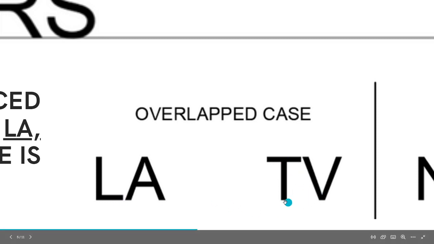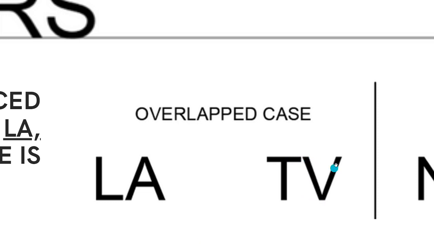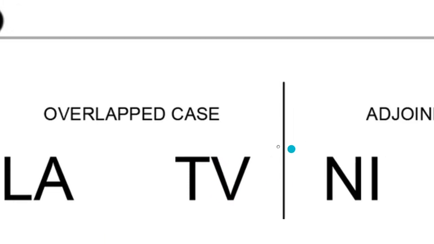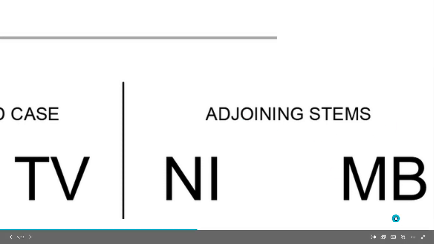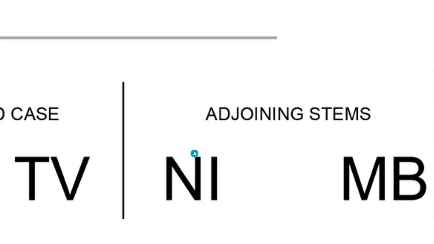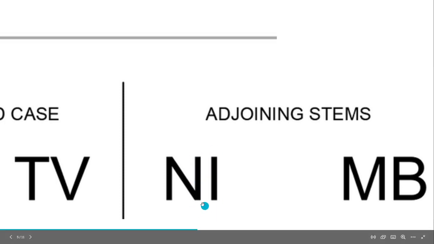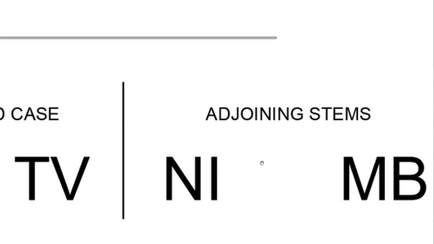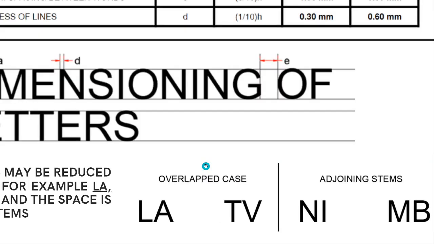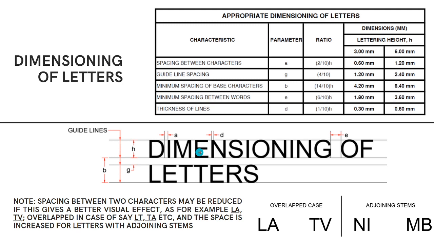Also for this, ang bottom sa inyong characters, medyo dako ang space, so you could lessen the spacing between characters. Whereas if you have adjoining stems, example of an NI, so the stem of an A, and the I, kung sigkit ra pud kaayo, it would not be visually pleasing. So you should have a bigger gap pod. Again, ang point lang ani is it should be visually pleasing or it would be better looking lang pod. Okay?